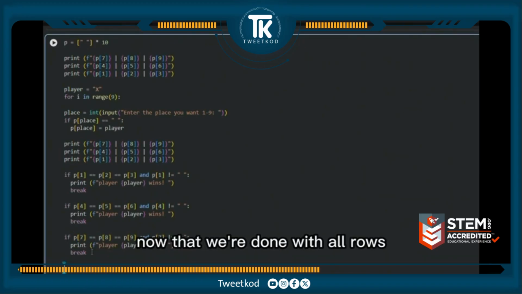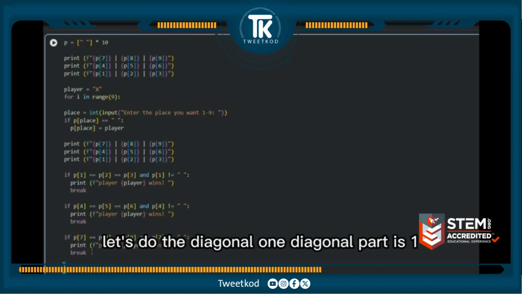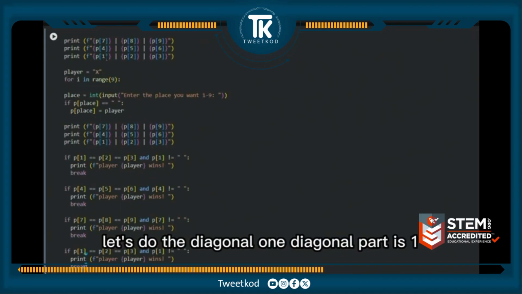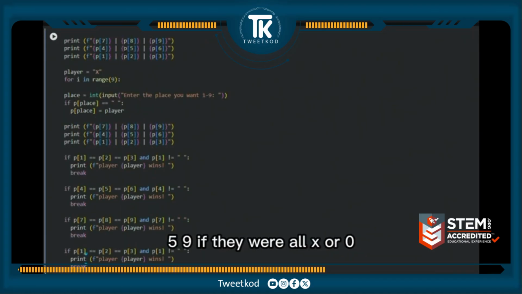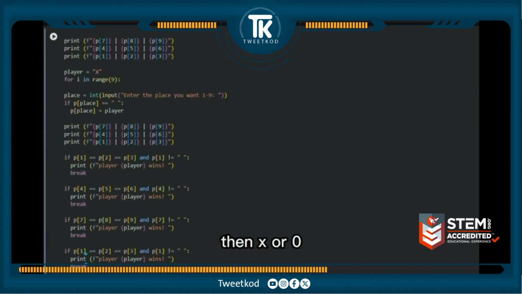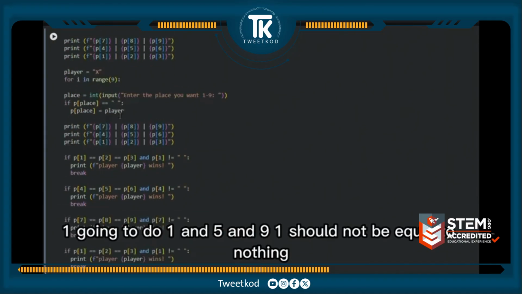Now that we're done with all rows, let's do the diagonal ones. One diagonal is 1, 5, 9. If they were all X or all O, then X or O wins. We're going to do 1 and 5 and 9. 1 should not be equal to nothing.